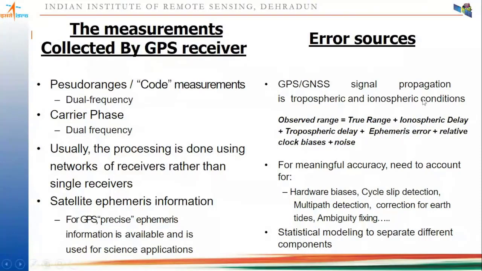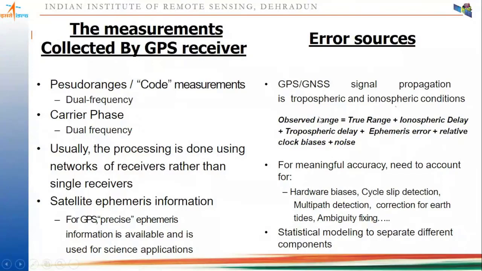So observed range equals true range plus ionospheric delay plus tropospheric delay plus ephemeris error plus relative clock biases plus noises. All these things are combined.